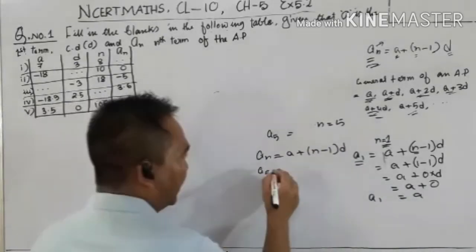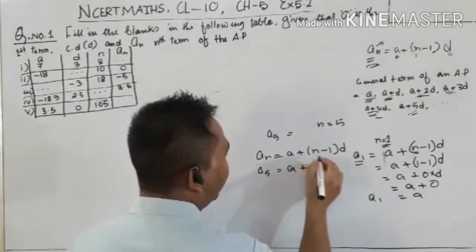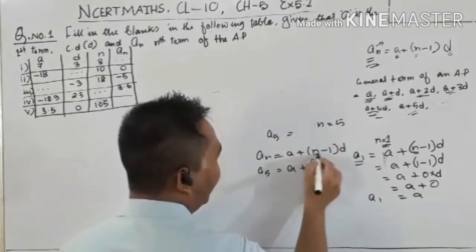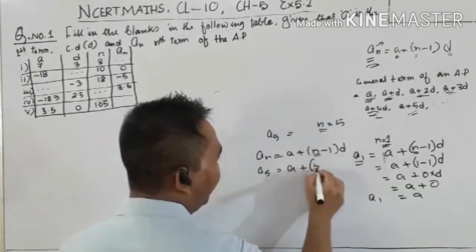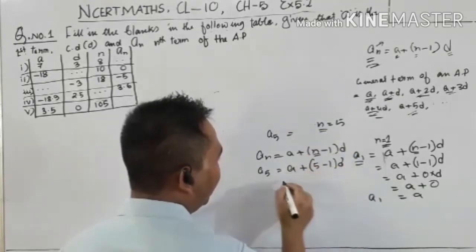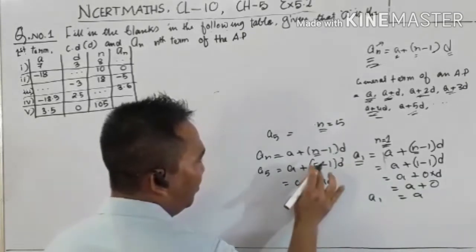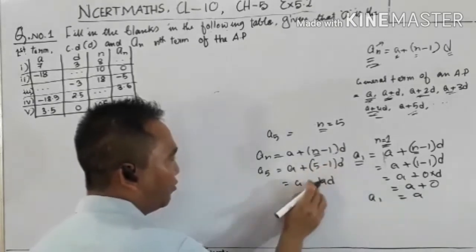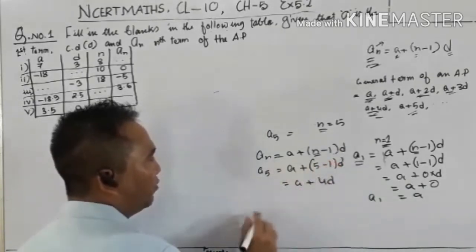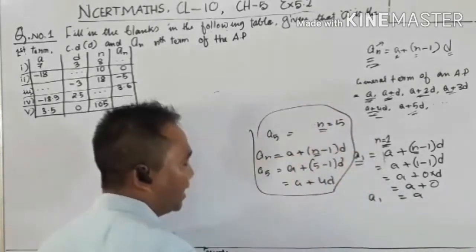That is the first term a plus, n equals 5, so 5 minus 1, that is 4 into d. That is a plus 4d. So in this way we can find it out, right?